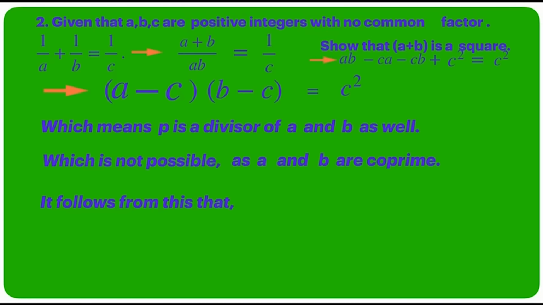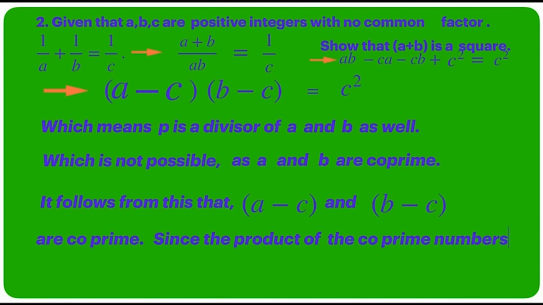So it follows from this that each of a - c and b - c will be a square number. Understand? Here a and b are not necessarily coprime, and we have to take that a - c and b - c are coprime, and therefore each of a - c and b - c will be a square number.